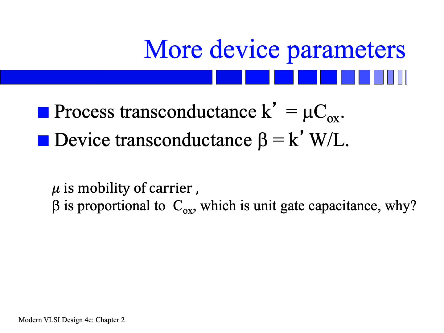With K prime, the beta we discussed equals K prime times the width-length ratio of the device, because we consider the width-length ratio. This is essentially the device transconductance. From this formula, we can see that if you have large capacitance, then you have large K prime and correspondingly large beta. That means you have more powerful transistors to conduct current. So these two parameters are very important to characterize how powerful this device can be.